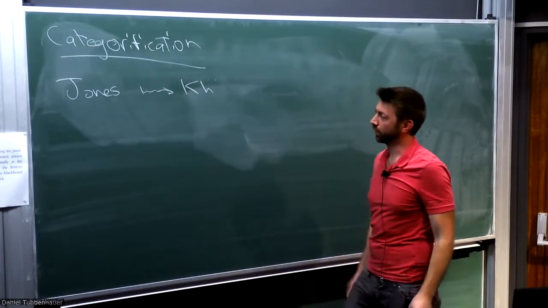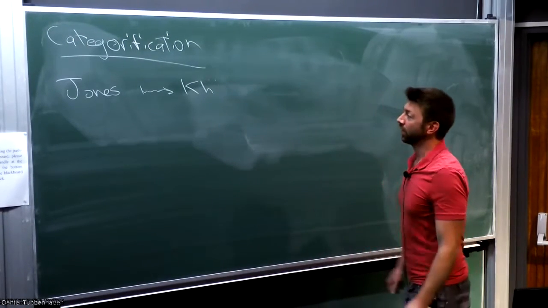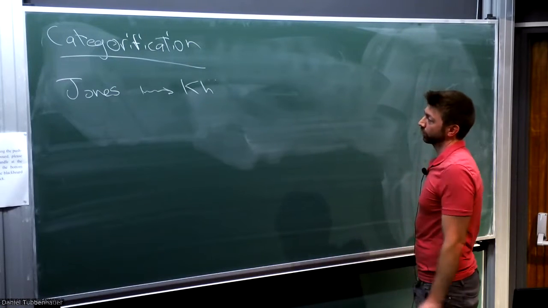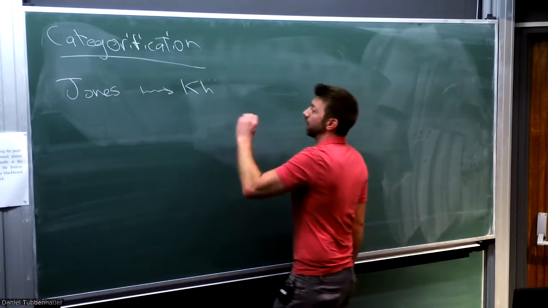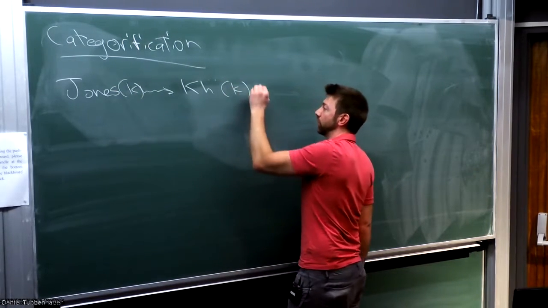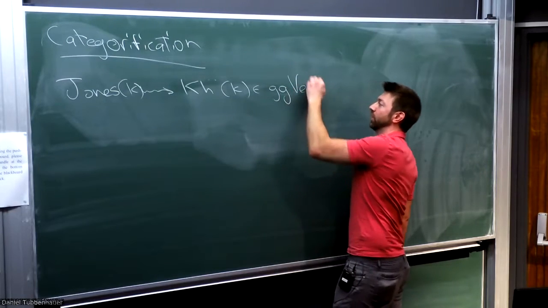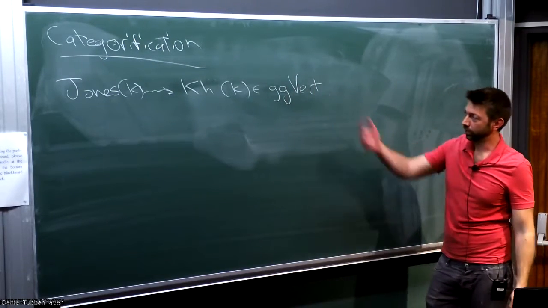Again, this is still part of the black box, and assume that we're repeating these same slogans. The Jones polynomial is categorified by this quantum homology. So the quantum homology of a knot should be thought of as just a doubly graded vector space. GG vector is going to be the category of doubly graded vector spaces.